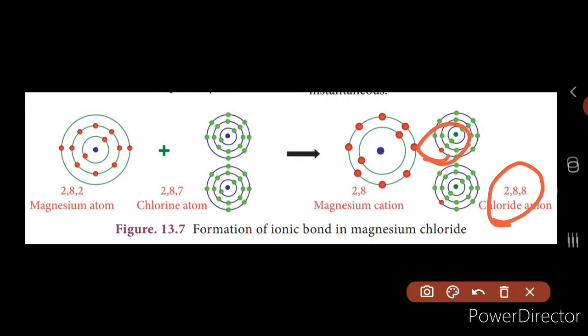So you can see here that it contains one electron that is gained from the magnesium. Electrostatic force of attraction exists between the magnesium and chlorine ions, and the formation of MgCl2 takes place. That is the formation of the ionic bond in magnesium chloride. So this is about the formation of magnesium chloride.